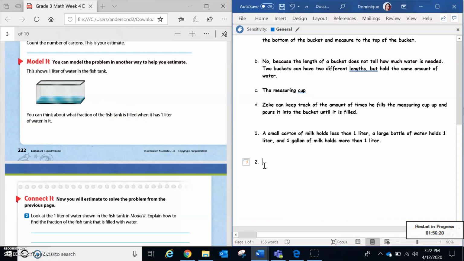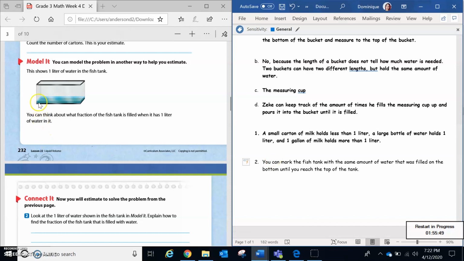So to put that in better words, say you can mark the fish tank with the same amount of water that was filled on the bottom until you reach the top of the tank, period.